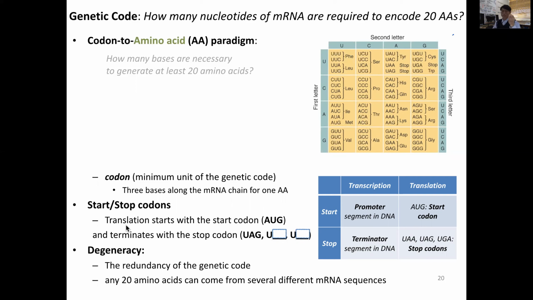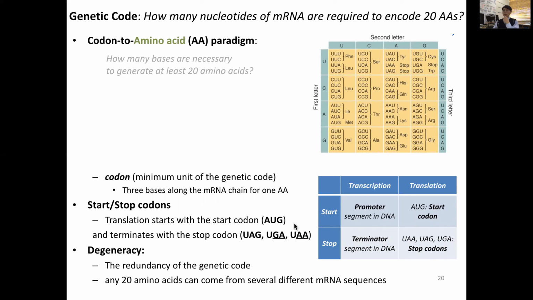So what it means is the translation event starts at this start codon. So it always starts from AUG on mRNA, and it terminates when it sees the stop codon. And interestingly, there are 3 stop codons: UAG, UGA, and UAA.